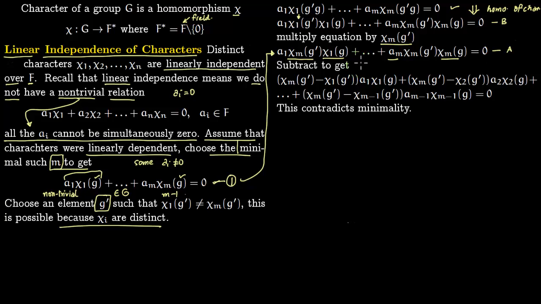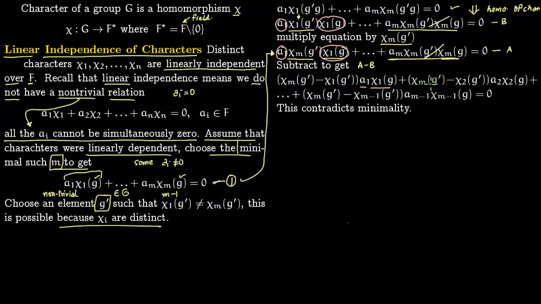So now A minus B. You can immediately say that these two terms, this and this, will cancel out, and you will just be left with m minus 1 terms. So you can see this now, chi-m of g prime minus chi1 of g prime, and the other things are just constant. I mean, they're the same. So these can factor out. So this minus this, and then you have a1 and chi1 of g.